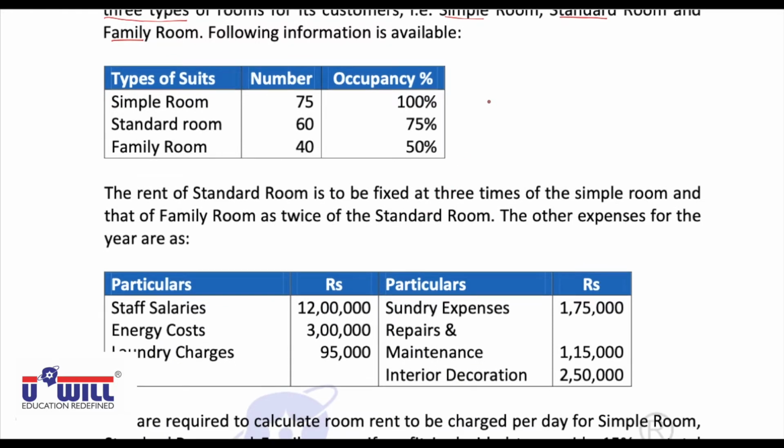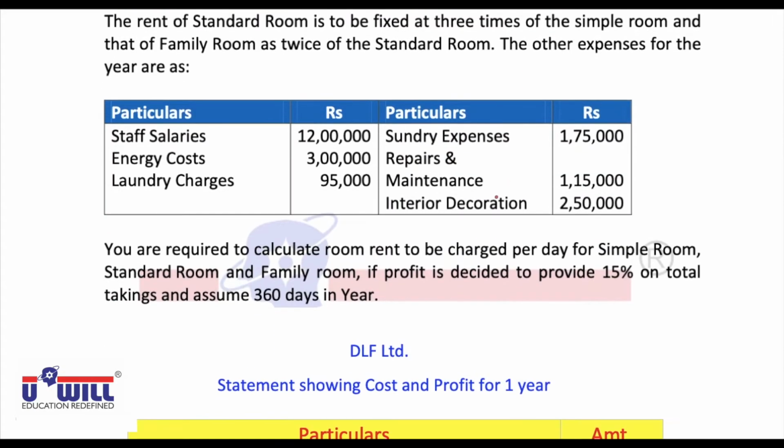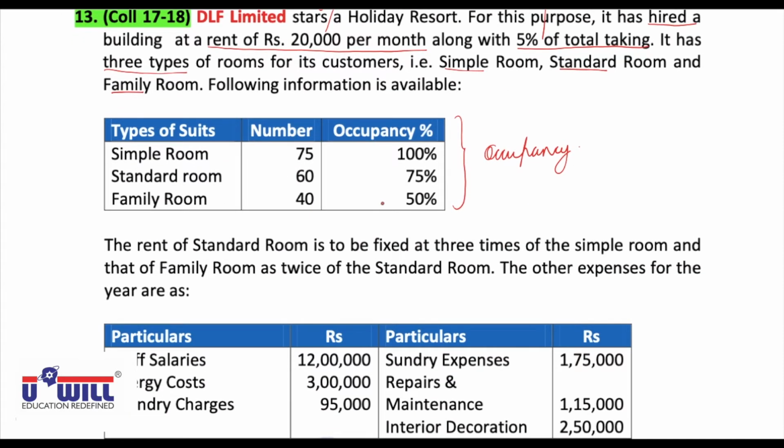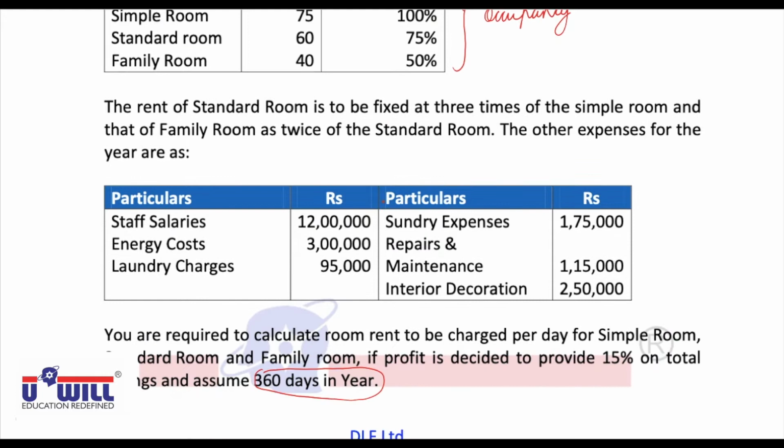So this entire table will get us the workings of occupancy. Also, generally in these questions they always mention to take 360 days in a year, you can see in the last sentence. So how would you find the occupancy? By now you would have recollected: 75 into 360 into 100%, 60 rooms into 360 days into 75%, and 40 rooms into 360 days into 50%.